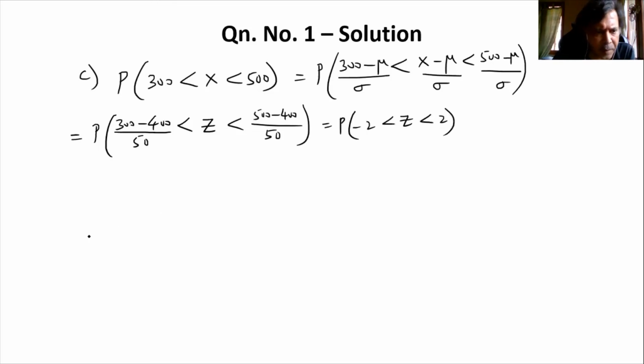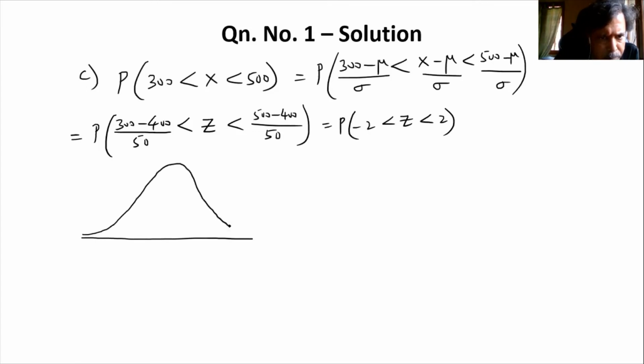So the graph will be like this. The center value is 0. We are interested in this area. Let me put this as negative 2, and this as positive 2.